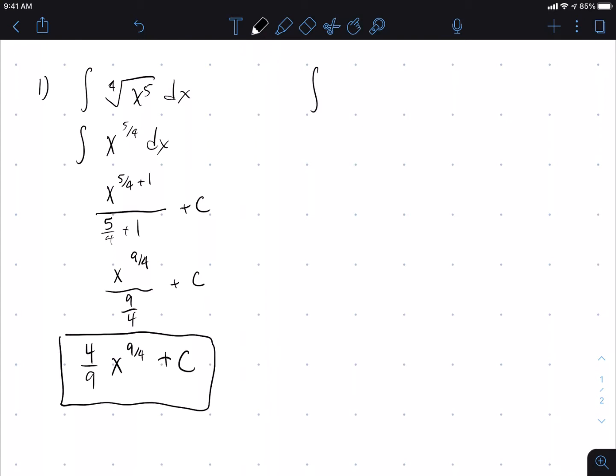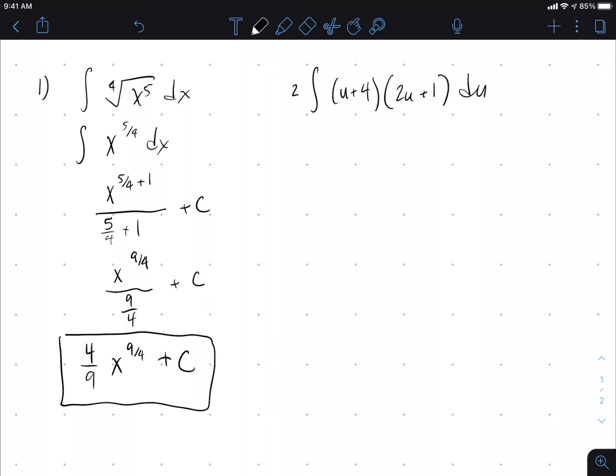Let's do this problem. Number 2. Now here, there are no rules that we have yet that will involve products, correct? And since we have a product here, we can't do this.